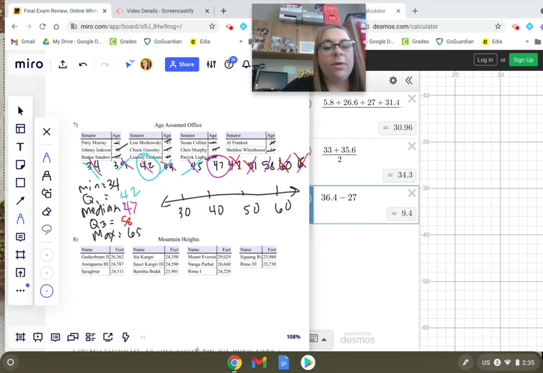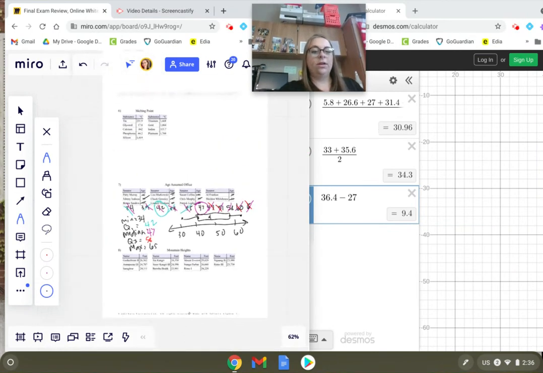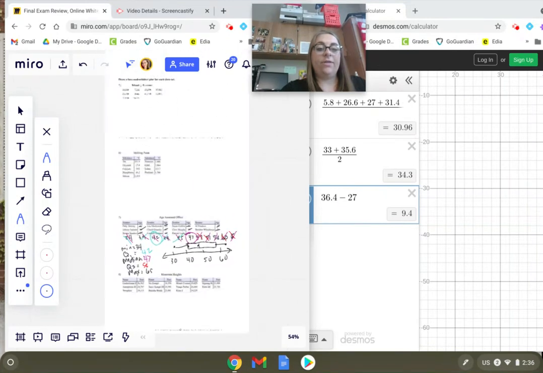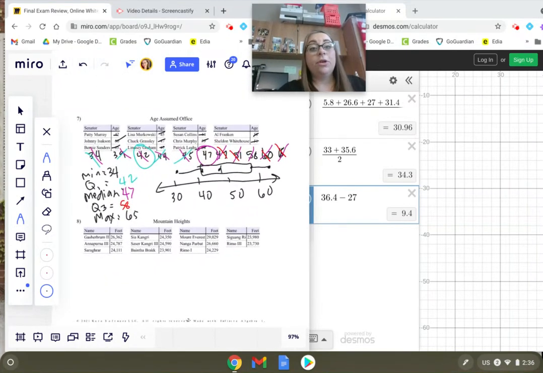So 34 would be here, 42 would be here, 47 would be like here, 58, and 65. Put a box around the 3 in the middle, and then lines to my whiskers. Okay, so you'll do that for 6, 8, and 5. And keep in mind when you're doing it on the final, it will be multiple choice, so it should be a little bit easier.